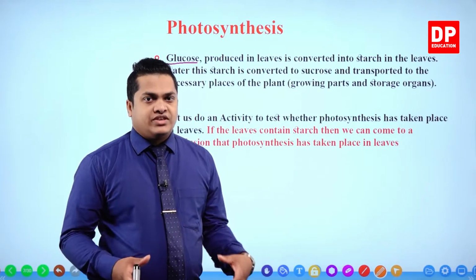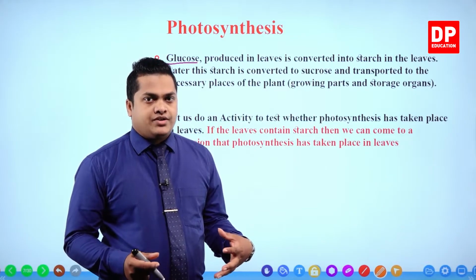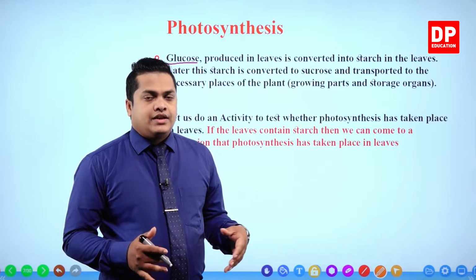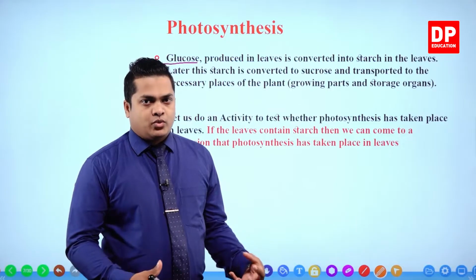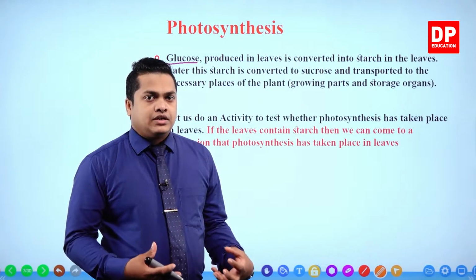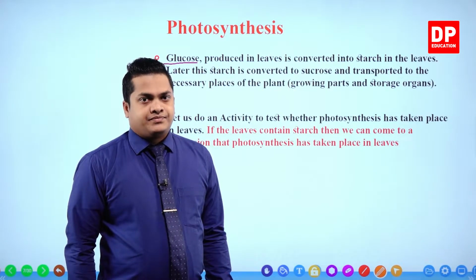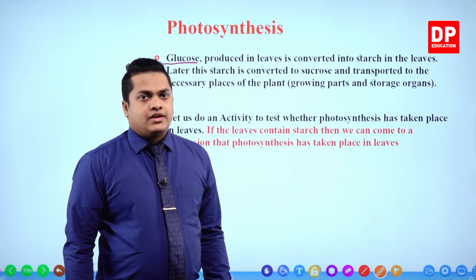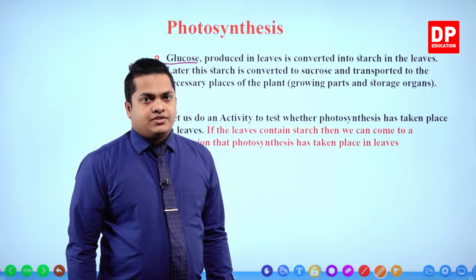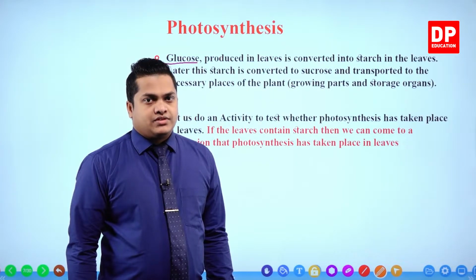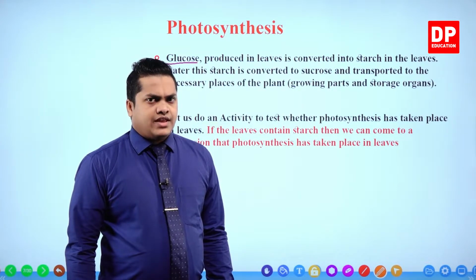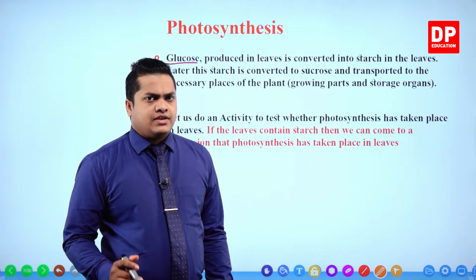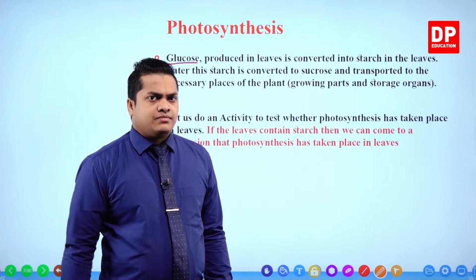So we discussed how these things are absorbed into the plant. Then we discussed the word equation related to photosynthesis, and that glucose is the main component produced during photosynthesis. So after that, now we are discussing the other contents related to the lesson.